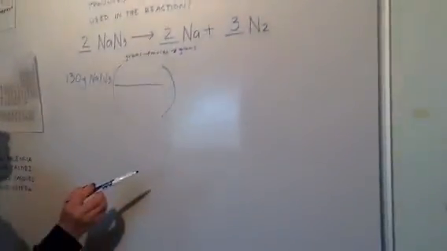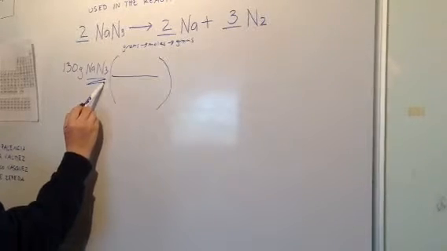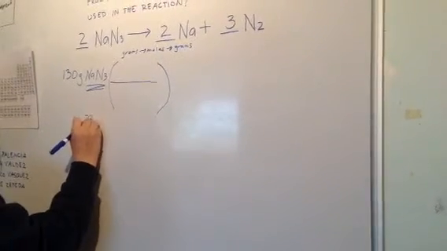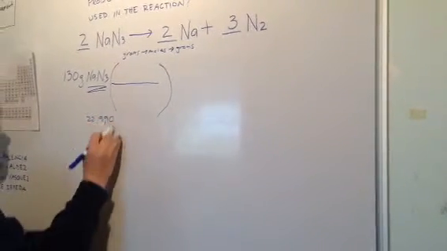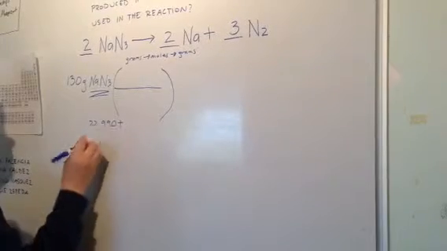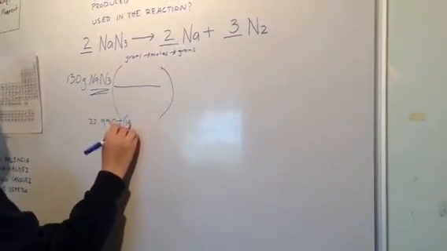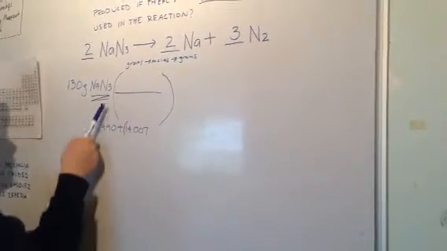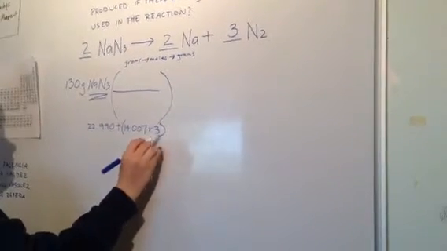So in order to make the transition from grams to moles, we need to calculate the total mass in grams of NaN3. Na has a mass of 22.990. So we'll add that to the mass of nitrogen, which is 14.007. And because nitrogen has a 3, we need to multiply that mass by 3.